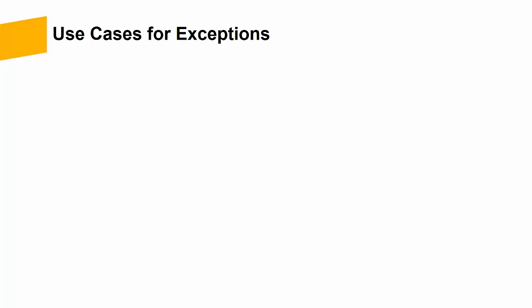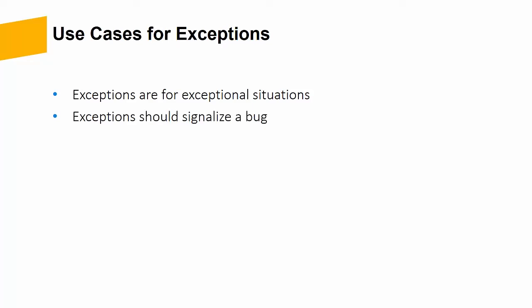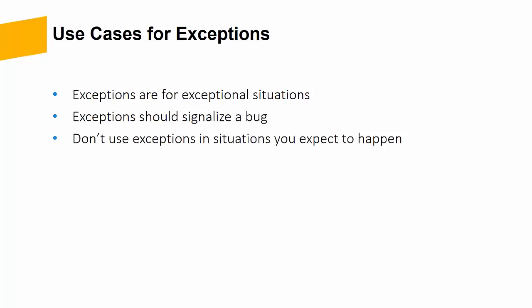So are there any valid use cases for exceptions then? There are. They all can be summarized with this phrase: use exceptions for exceptional situations only. That means that exceptions should signalize a bug in your software, a situation you cannot recover from. So some unexpected situation. And try not to use exceptions in situations you expect to happen.